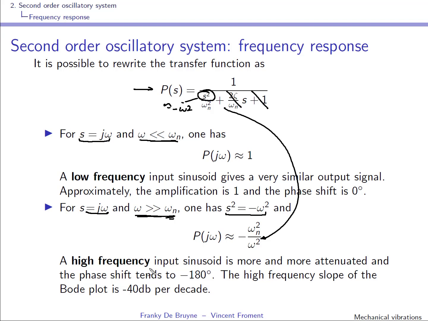So at high frequency an input sinusoid is more and more attenuated, because you divide here by something that is big, and the minus sign shows you that the phase shift tends to be minus 180 degrees.